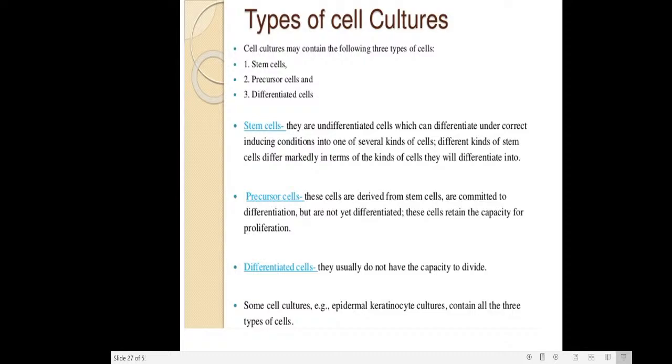Differentiated cells are usually not capable of dividing, so we can't divide them for cultivation. Precursor cells are derived from stem cells. They are committed to differentiation but have not yet differentiated, and they retain the capacity for reproliferation.